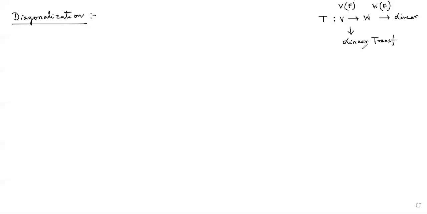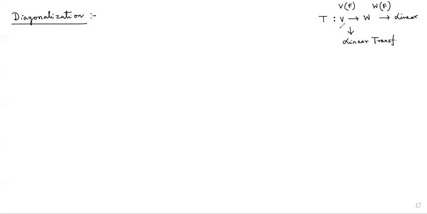And the matrix representation of the linear transformation is constructed with respect to the two bases of the vector spaces V and W.